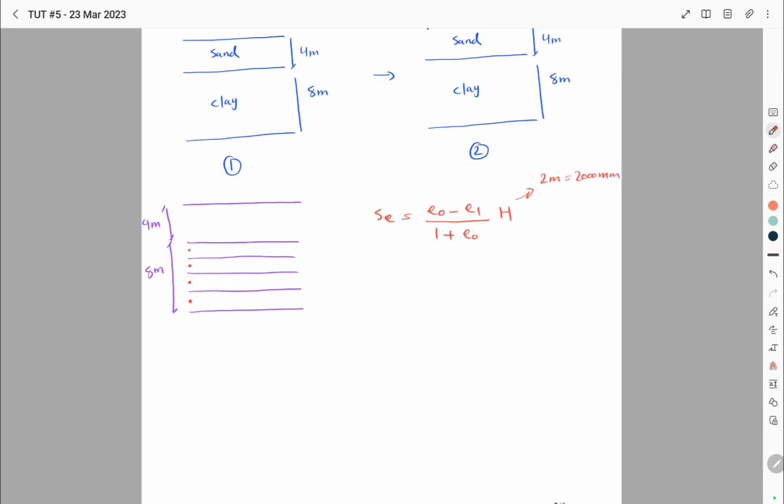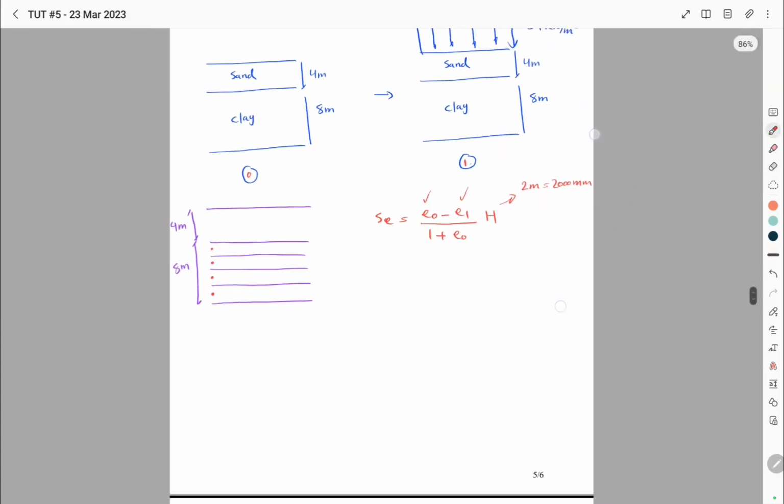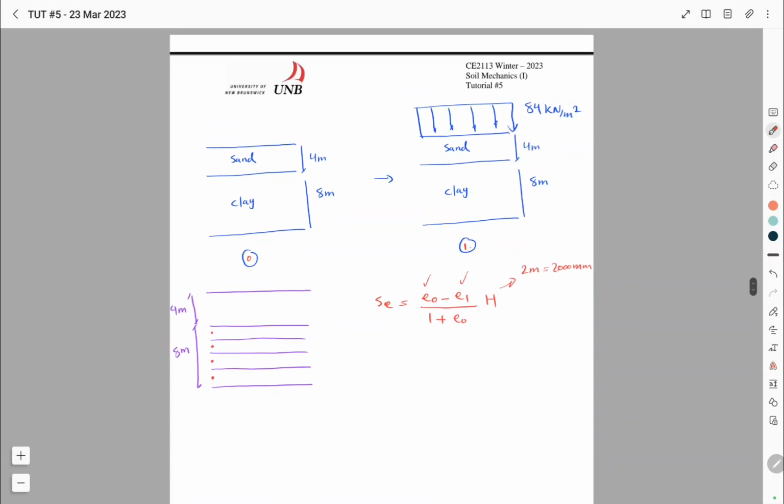So for each layer, we determine the value of e0 and e1, e0 corresponding to the initial situation, and e1 corresponding to the final situation. If we determine e0 and e1, we can put it in this equation and determine the value of settlement for each sublayer.